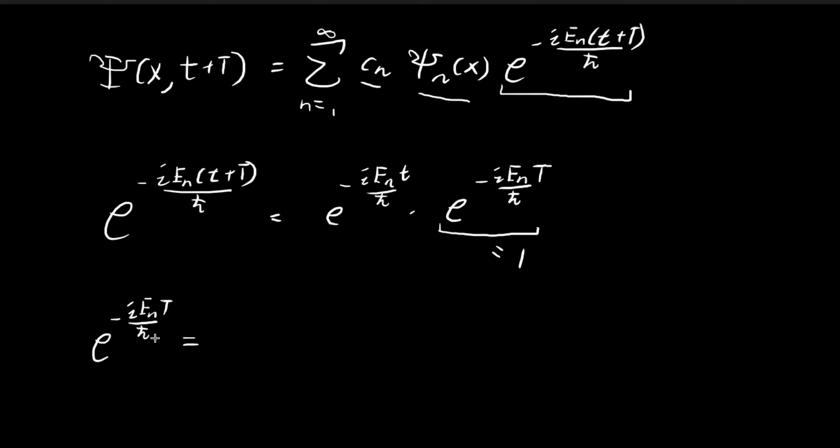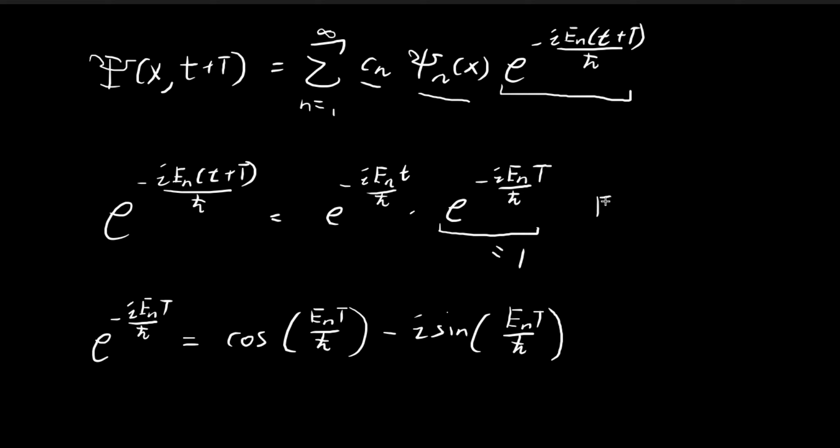So if I take this term out, using Euler's formula, we can express this as cosine of En capital T divided by ħ minus i sine of En capital T divided by ħ. And then for the infinite square well, the energy level of the nth stationary state is given by this formula, n squared π squared ħ squared divided by 2ma squared.